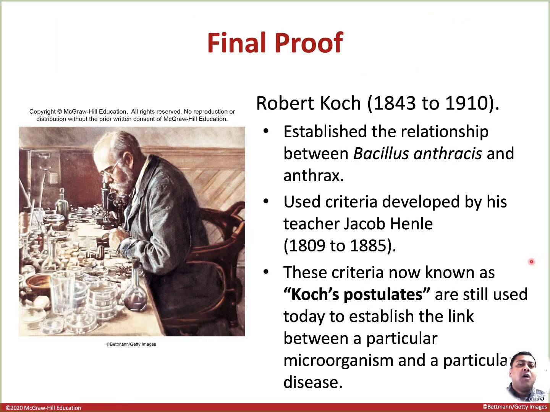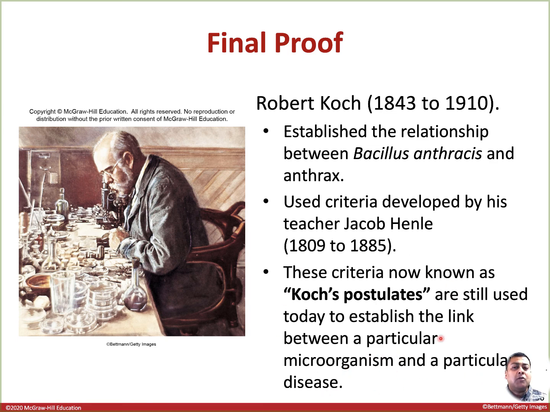Robert Koch is another scientist who established the relationship between Bacillus anthracis and anthrax. Of course, it was a monumental landmark discovery. But why you need to remember Robert Koch's name is that he proposed Koch's postulates, which are still used today to establish the link between a particular microorganism and a particular disease.